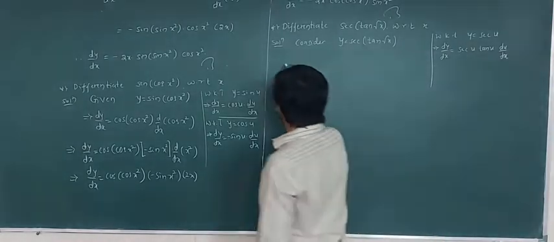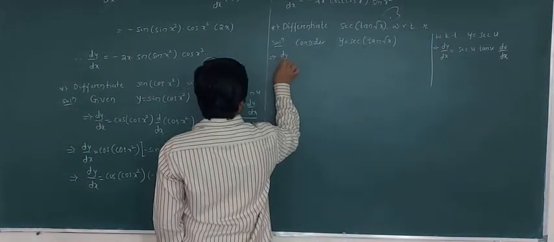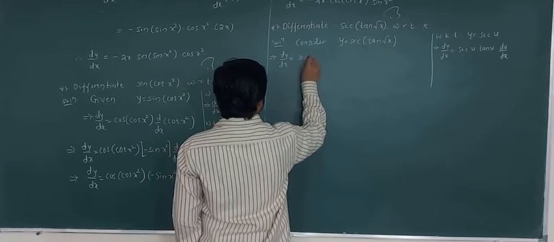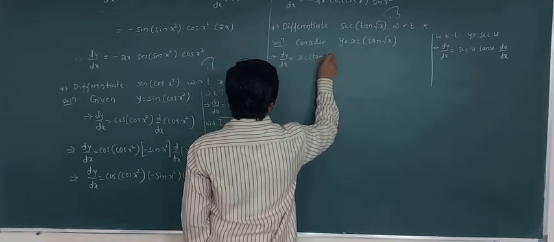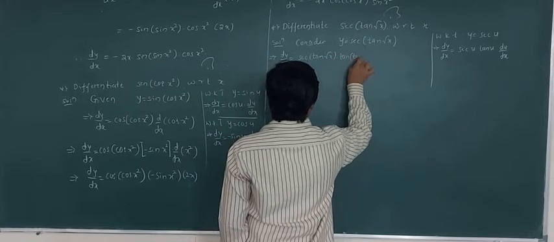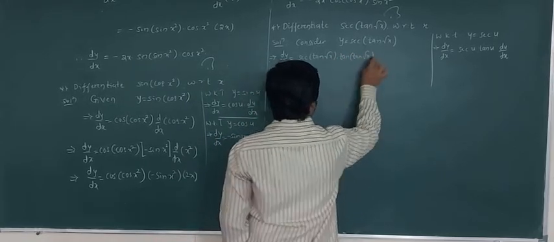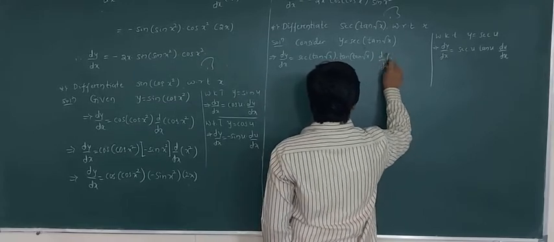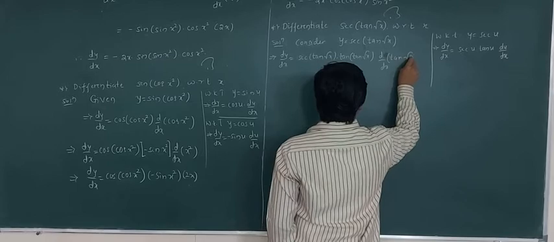Then derivative of this function dy by dx is equal to sec of tan root x into tan of tan root x into du by dx, that is u, in place of u we have tan root x.